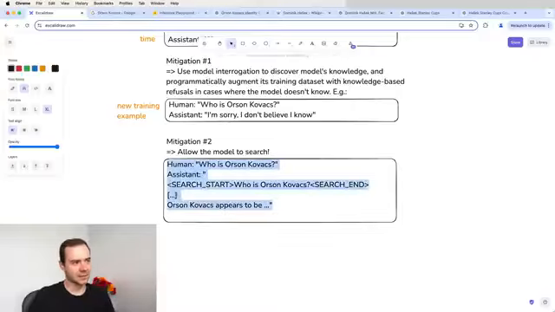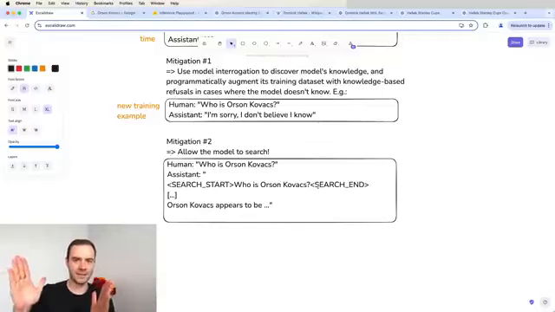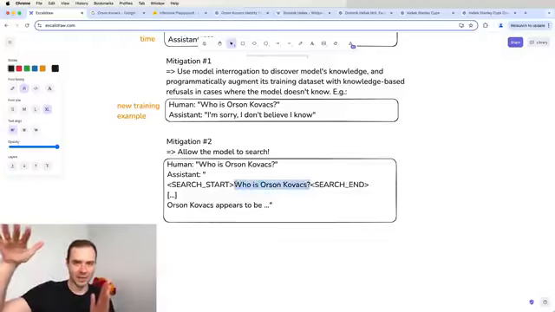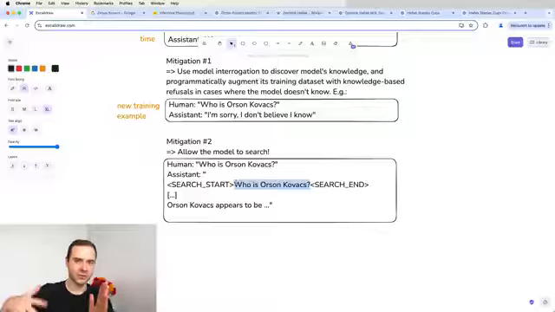And then here, what will happen is that the program that is sampling from the model, that is running the inference, when it sees the special token search end, instead of sampling the next token in the sequence, it will actually pause generating from the model. It will go off, it will open a session with bing.com, and it will paste the search query into Bing, and it will then get all the text that is retrieved.